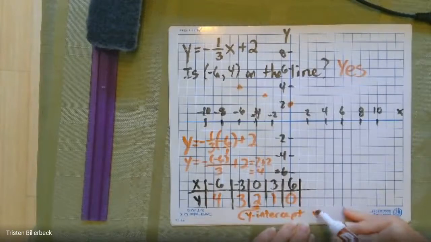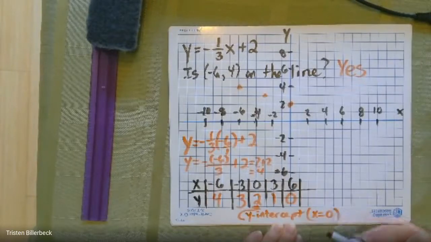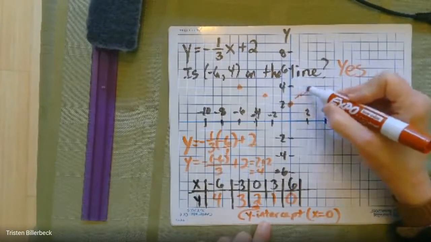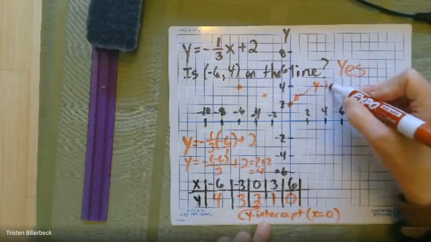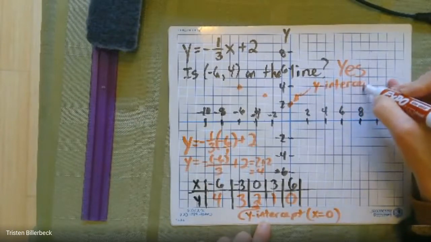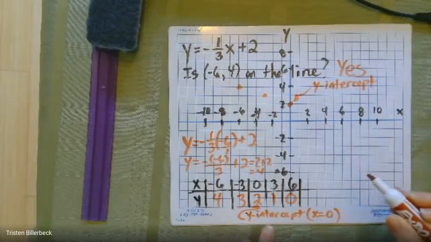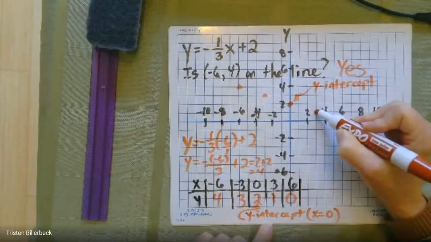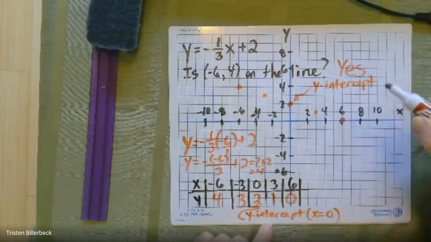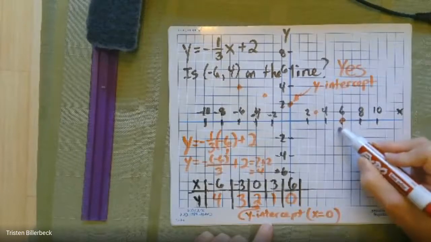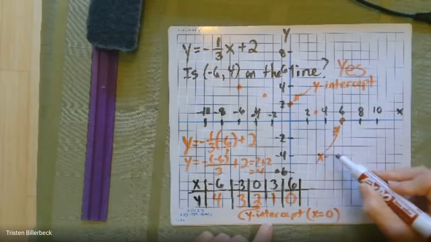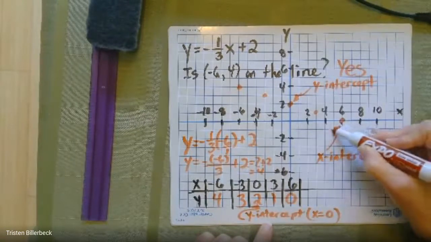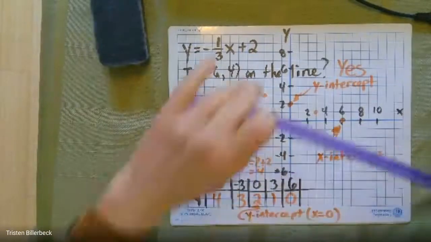Okay, when x equals 0, we get a y-intercept. Very important. y-intercept. And then at (3, 1) and (6, 0). So now we have an x-intercept. And we can graph our line.